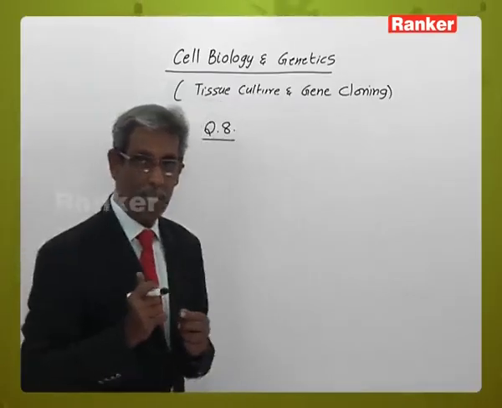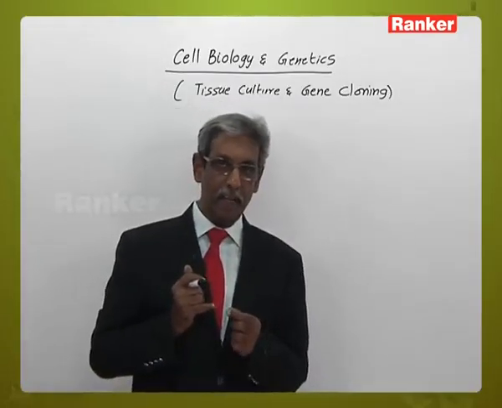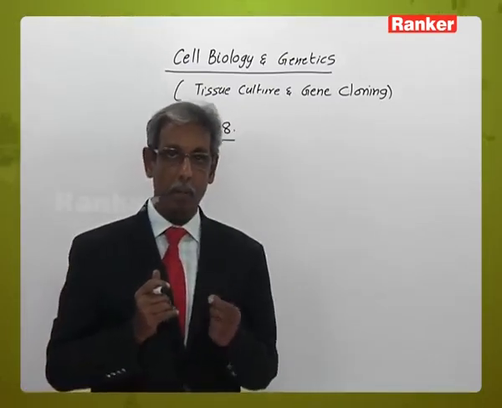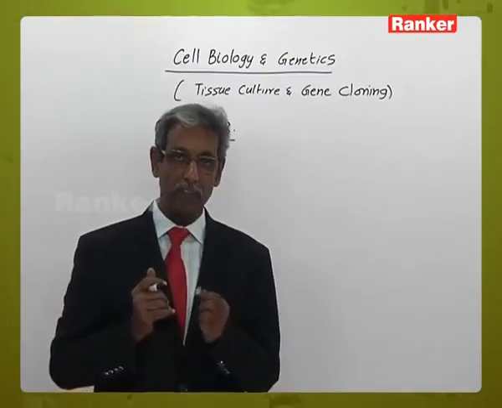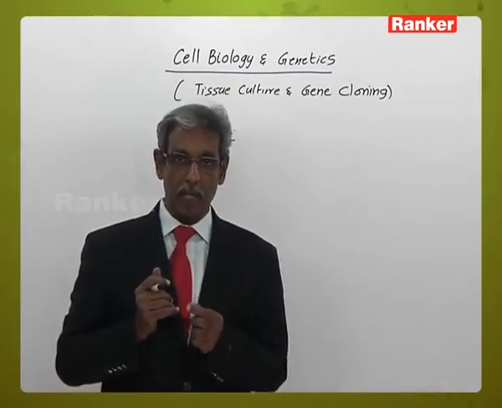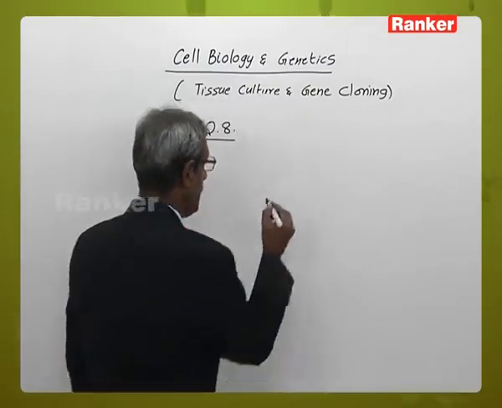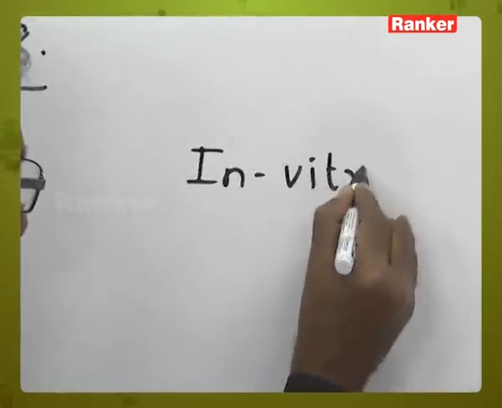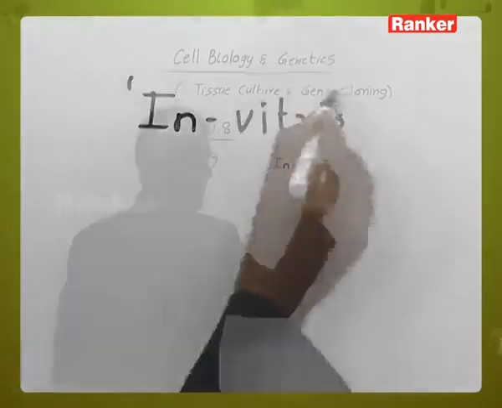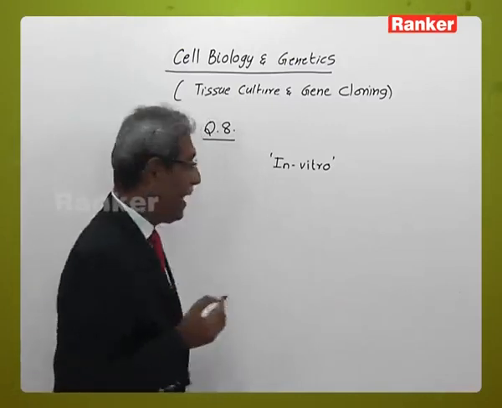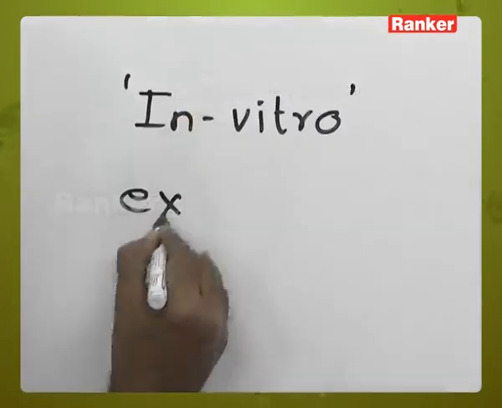When we study genetic engineering, it primarily relates to manipulation or modification of the gene of interest. So, modification of a gene of interest which occurs in the lab is primarily termed as in vitro. So, when we perform any experiments in the lab, it is termed as in vitro and it is experimentally manipulated.